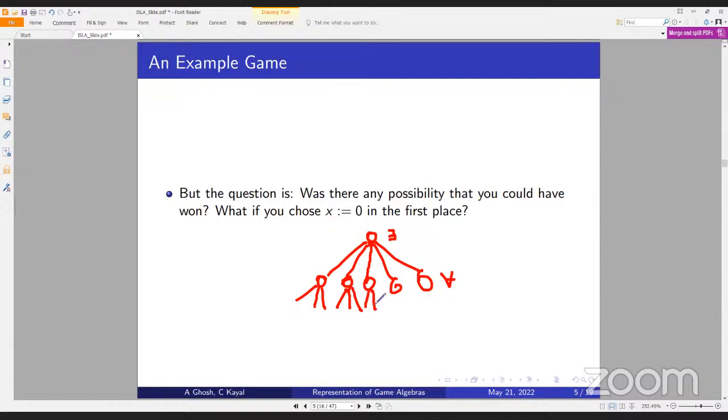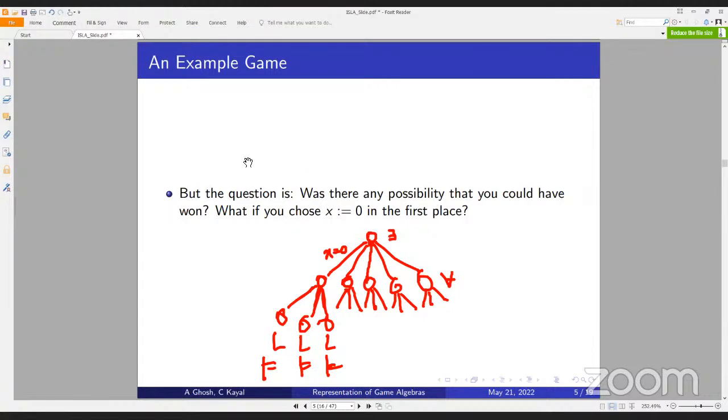But when you choose x equal to 0, for any move I take, I will end up losing. Hence, you will end up proving that it is indeed true in this particular structure. I guess everyone is clear with this game. No questions?